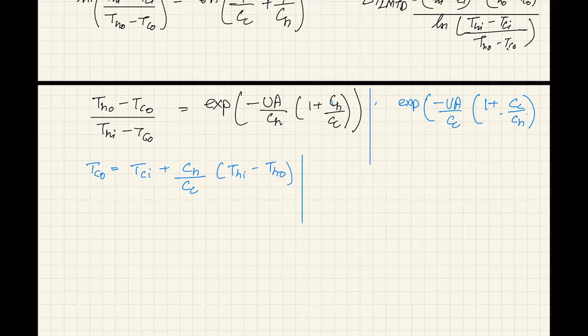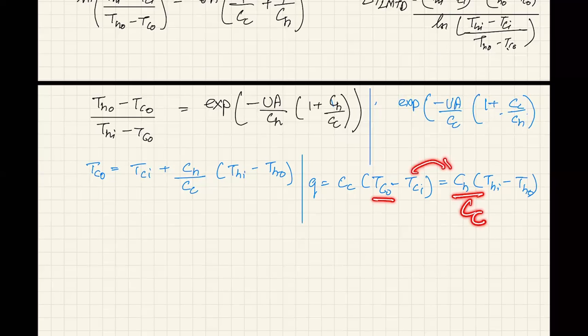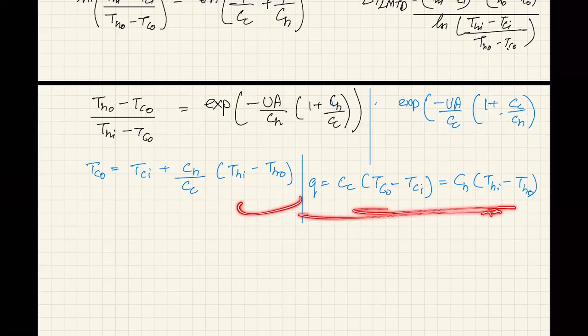It's pretty much straightforward. You simply write TCO is equal to, this will be divided by CC, this term goes here, TCI plus this. So we are using this particular thing and getting this.